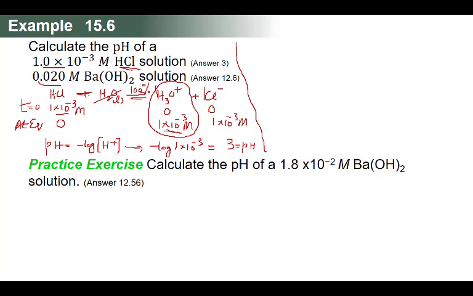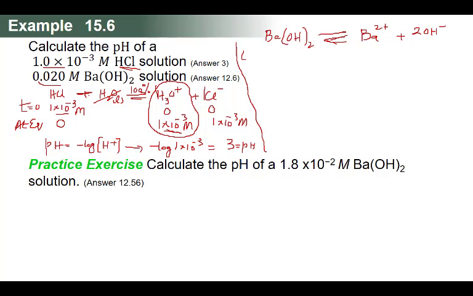Part 2 is about barium hydroxide. This barium hydroxide, Ba(OH)2, will dissociate into barium 2 plus ion and 2 ions of hydroxide negative.